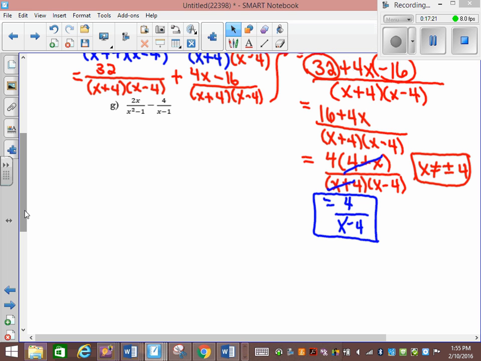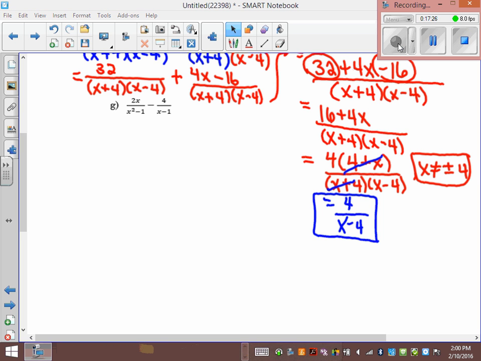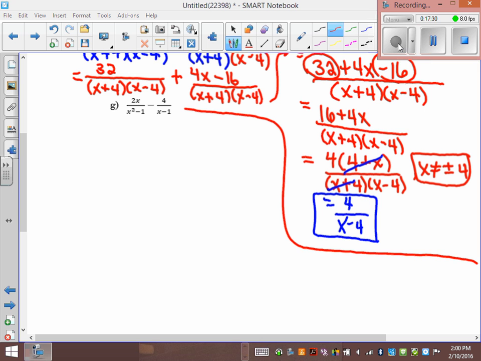You guys try G. Okay, so this one, you'd have 2x, and then this is the difference of squares, x plus 1, x minus 1, minus 4 over x minus 1.